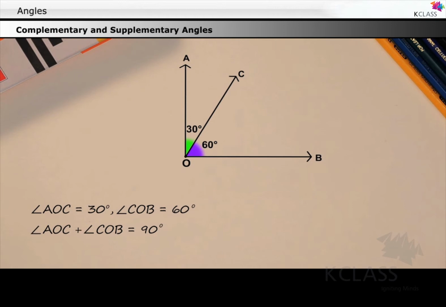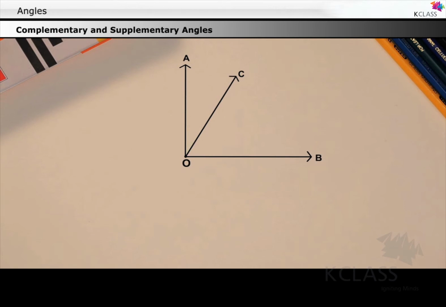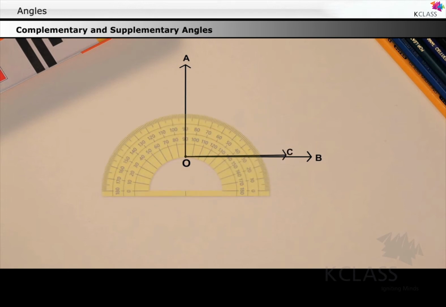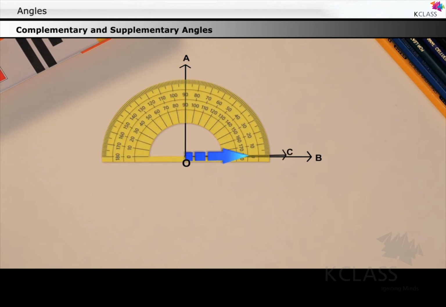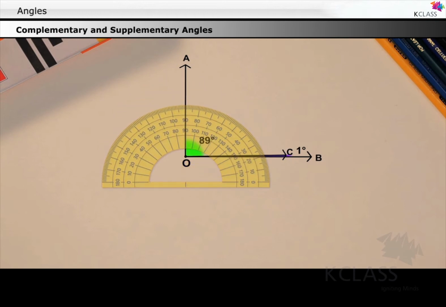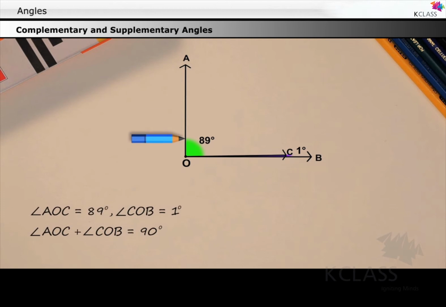Sum equal to 90 degrees. One more try as I move ray OC. AOC is now 89 degrees and COB 1 degree. Sum equal to 90 degrees.